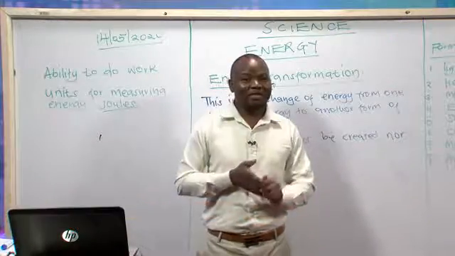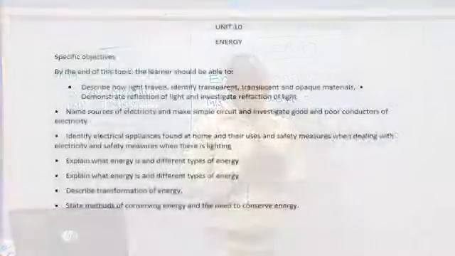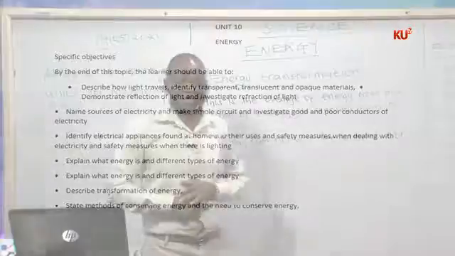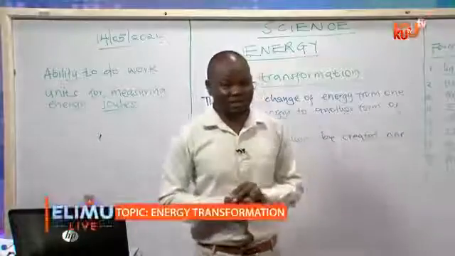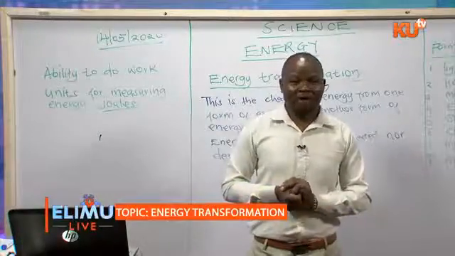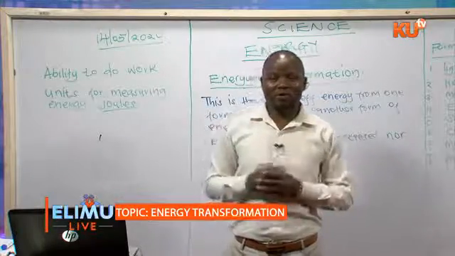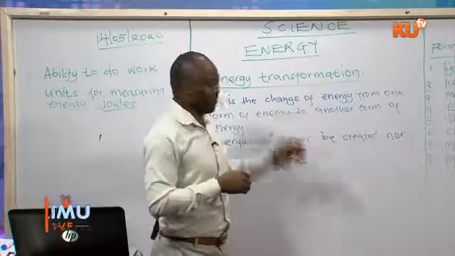So when we talk about light energy, it can be done in so many ways. But when you talk about the holistic arrangement of the forms of energy, energy cannot be destroyed nor created. You cannot create energy, you cannot destroy energy. And I hope by understanding that, you can get this topic well.